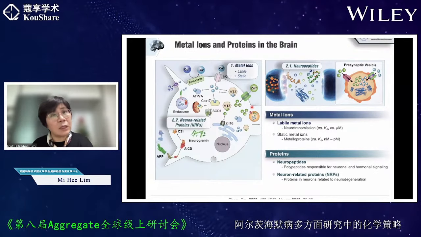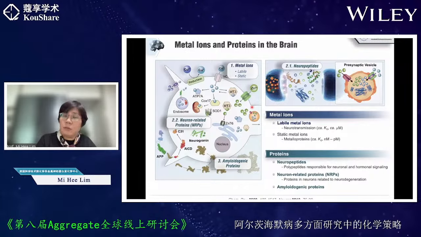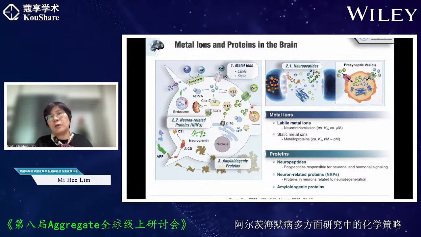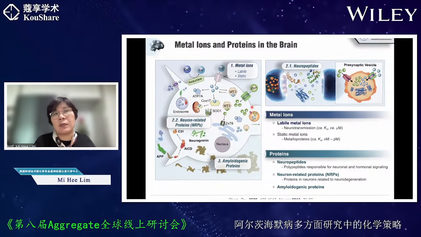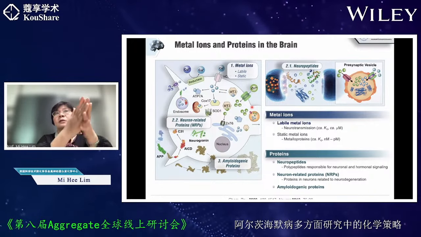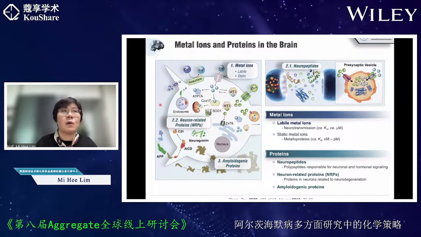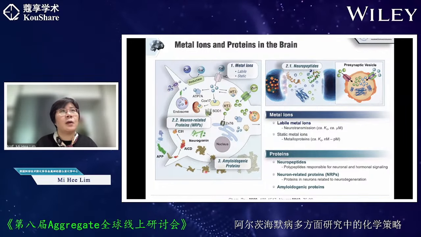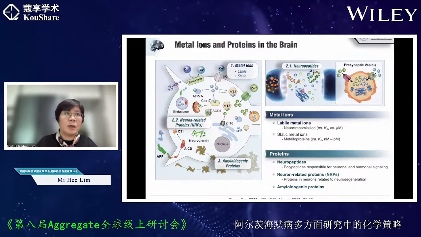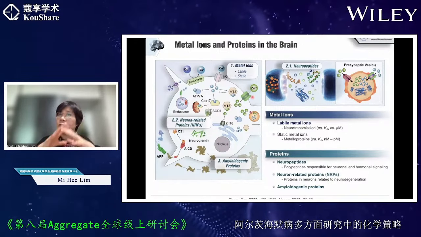In neurodegenerative disease, we observe the formation of amyloidogenic proteins and the accumulation of their aggregates. So as you can see shown here, the players are the metal, the protein, the neuropeptide, the neuro-related protein, and the amyloid protein.